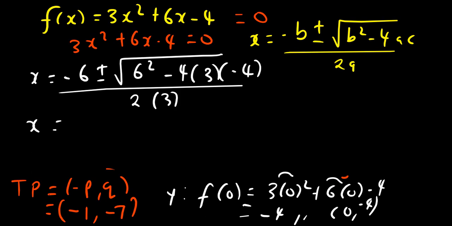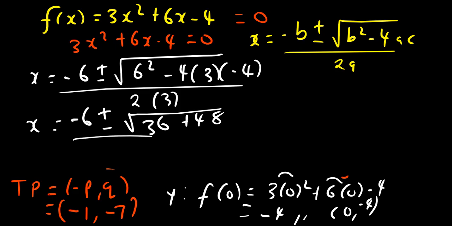So let's solve. We have negative 6, positive or minus the square root of 6 squared, that is 36. Negative 4 multiplied by 3 multiplied by negative 4, you get positive 48. Everything over 2 multiplied by 3, that is 6.